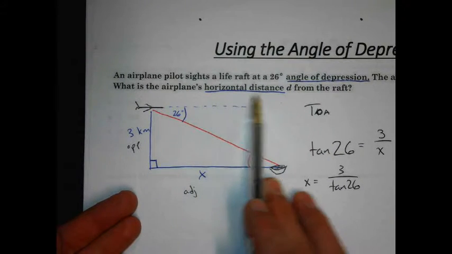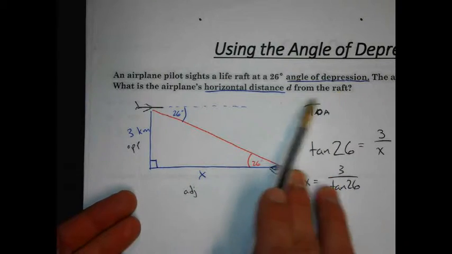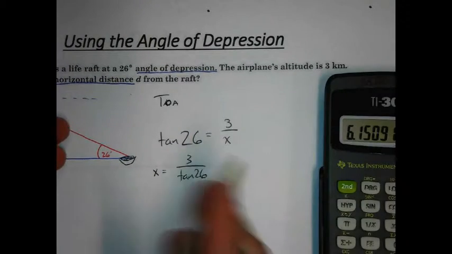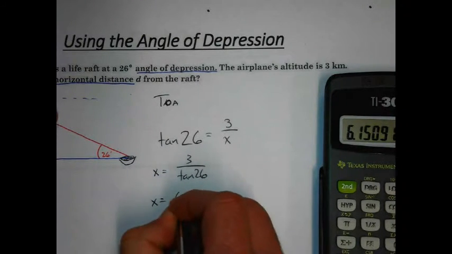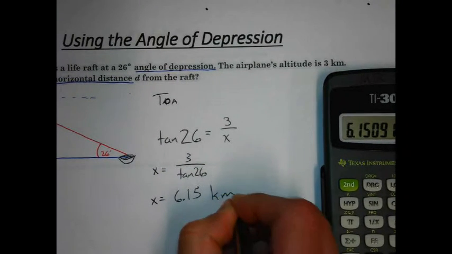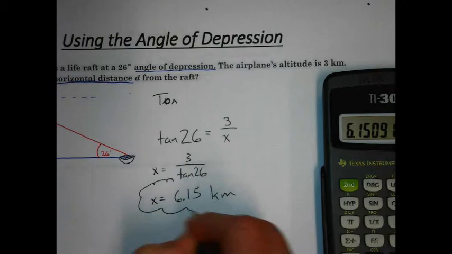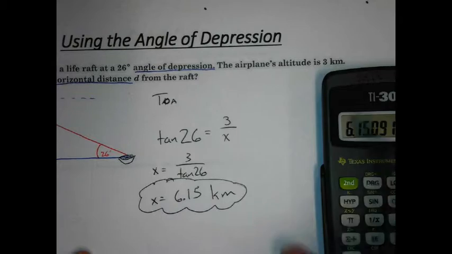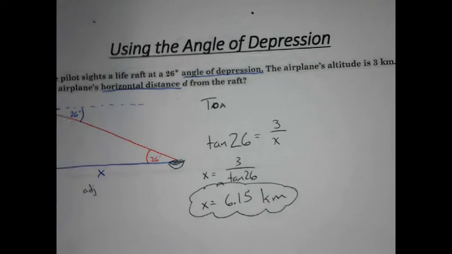What is the airplane's horizontal distance d from the raft? It doesn't tell us to round, so we'll stick with 6.15. So x equals 6.15 kilometers, and then that will tell us how long it will take, or how fast we can get to the life raft, or how much we can rescue the person that's in there. And that's using the angle of depression.